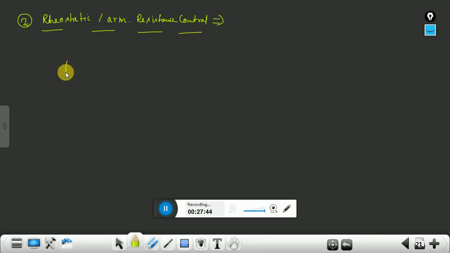So this is your field winding, this is F double F. Next this is your armature, armature A and double A terminal.